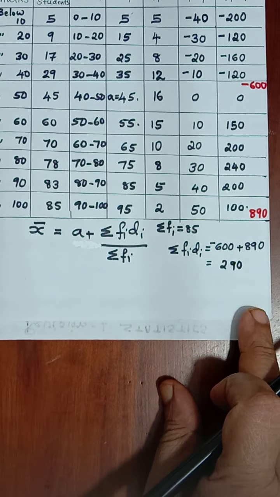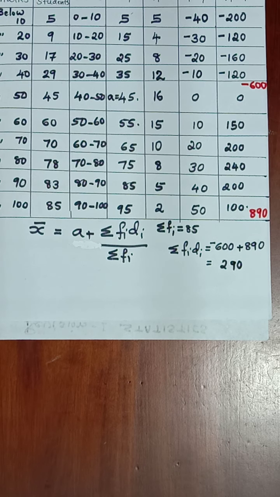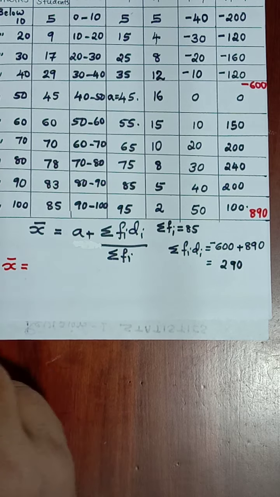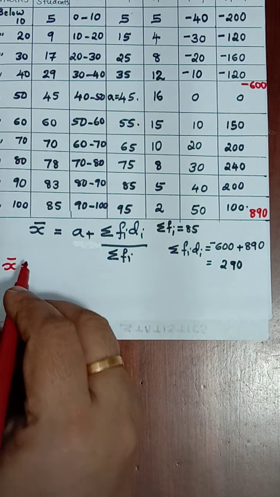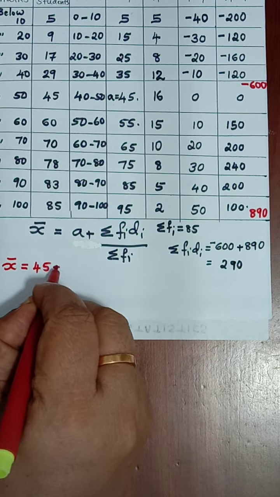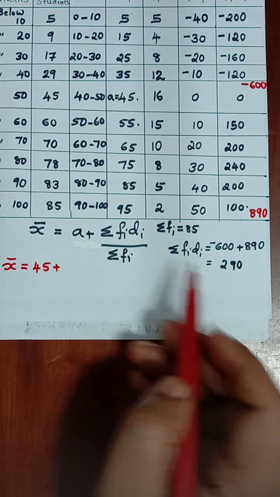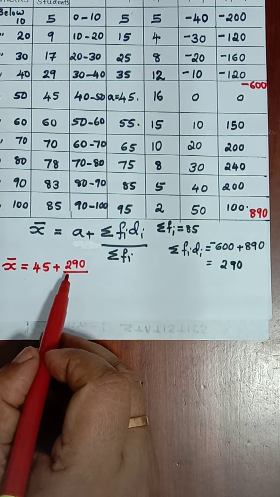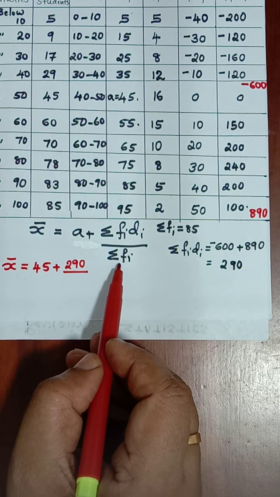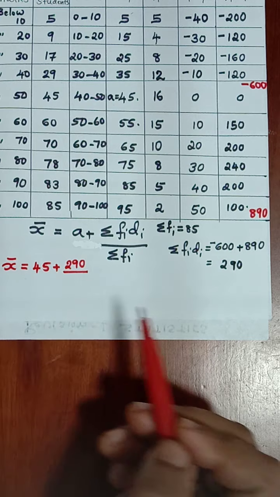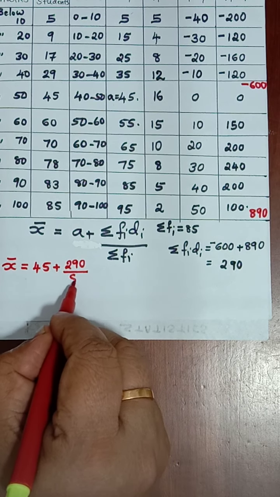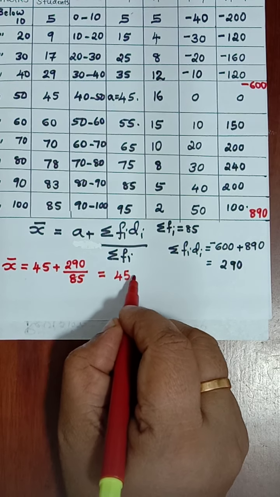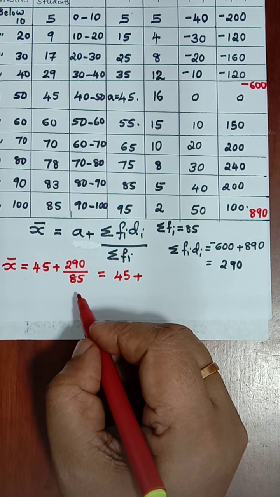X bar is equal to A plus sigma FiDi by sigma Fi. A we have already taken as 45, sigma FiDi is 290, and sigma Fi is 85. So that's equal to 45 plus 290 by 85.